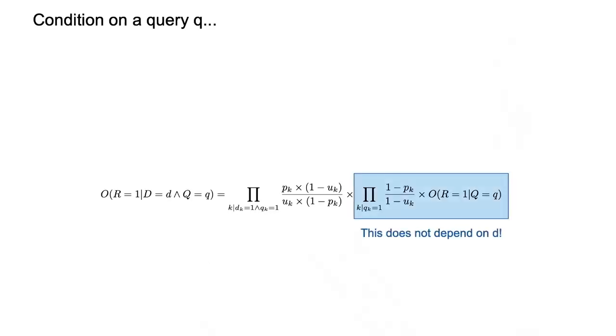But now there is something super cool that happens: this part on the right doesn't depend on the documents that I'm looking at. How can you tell? There is no D in there. You can look all you want, there is no D anywhere. Remember what we are trying to do. We are trying to sort these numbers by documents. We want to sort them.